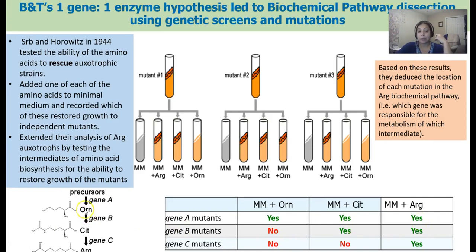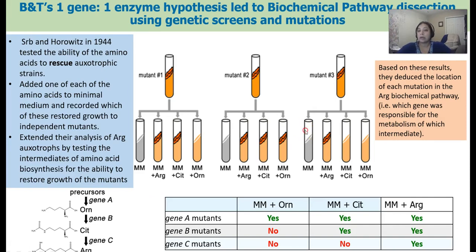So that meant that it was definitely not a mutation in gene A, but it was in gene B instead, since they required citrulline to be present before they were able to build arginine by themselves. And then gene C mutants wouldn't grow with either one of the intermediates because both steps were broken and instead required arginine to be present because they couldn't make it themselves at all.